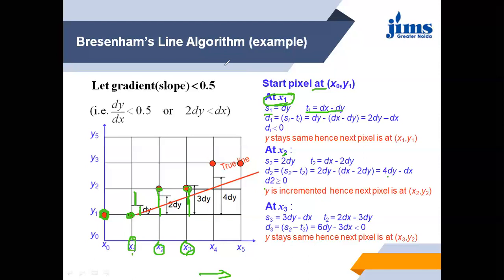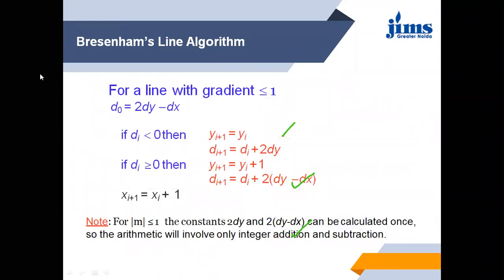So we have to find out the values by deciding the value of x, y1, and we will try to find out the value of y, that is, what the value of y will be when we have to draw the next point.